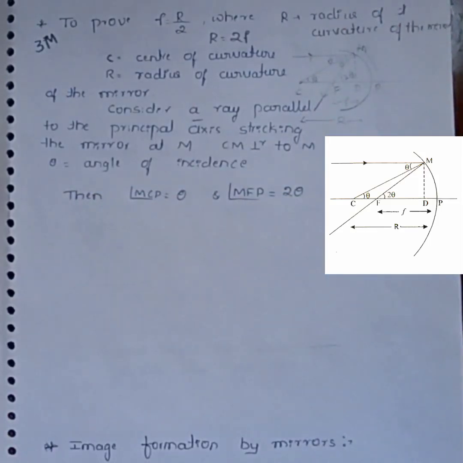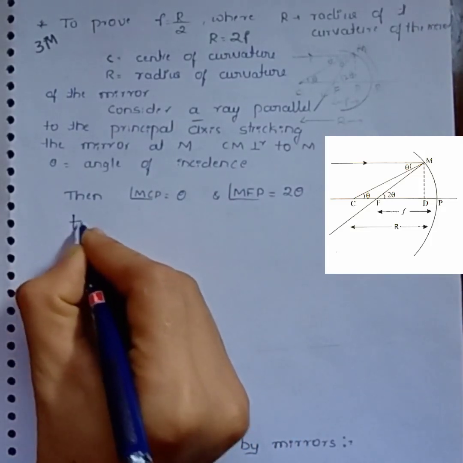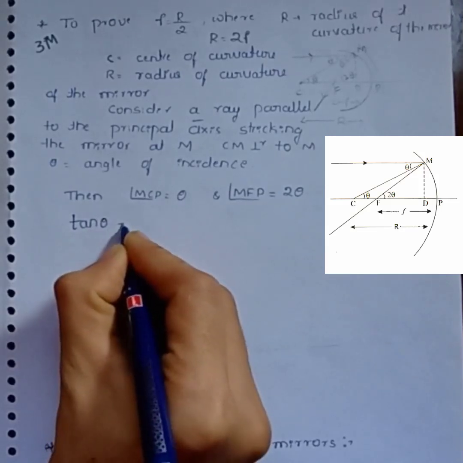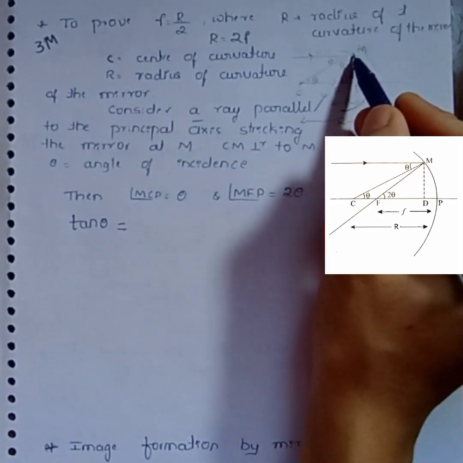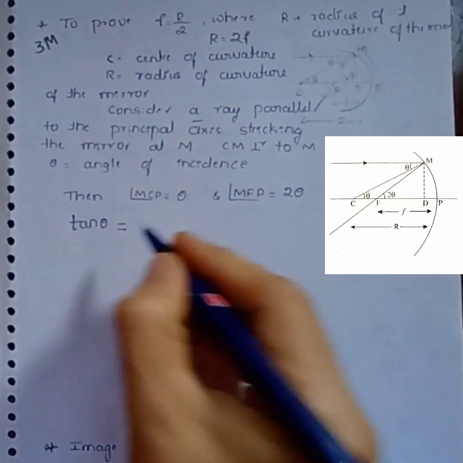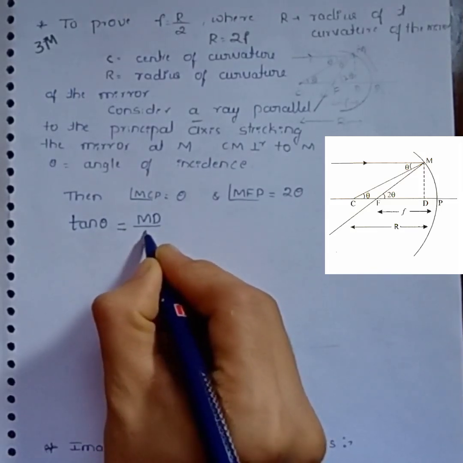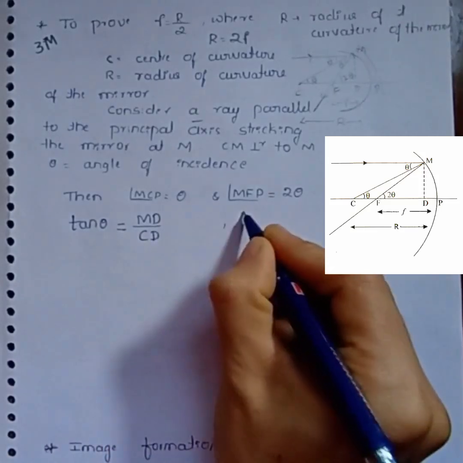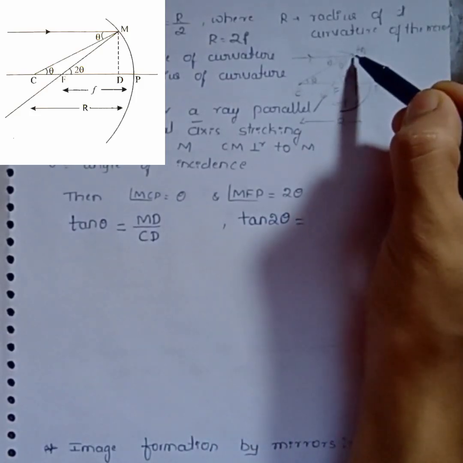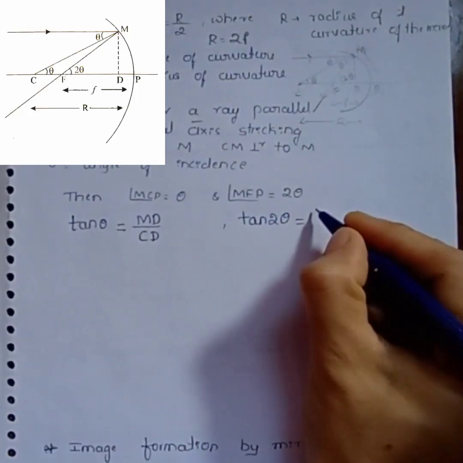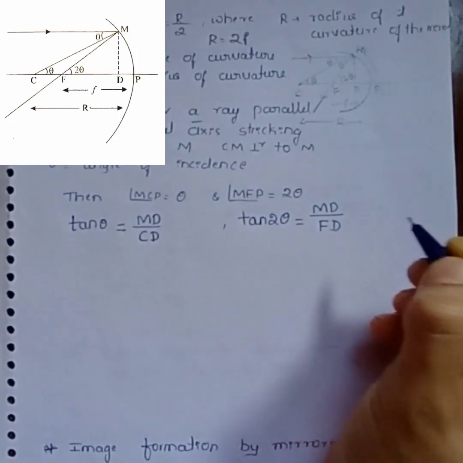Now what we have to do? Apply tan theta. Theta is here, and just consider the triangle MCD. Tan theta becomes MD divided by CD, and tan 2 theta, by the triangle MFD, gives MD divided by FD.